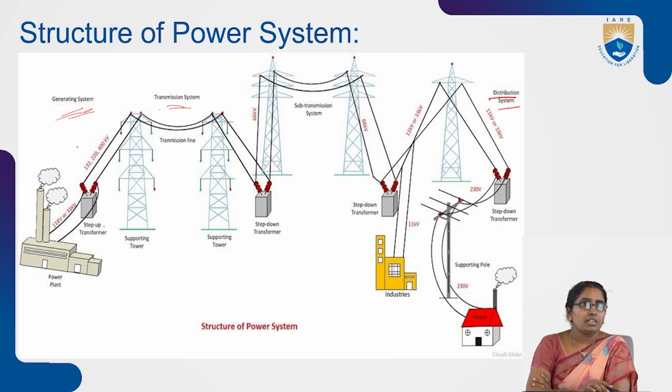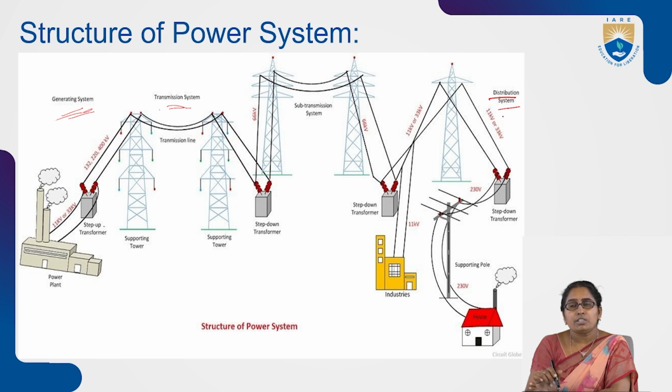That generated power is transmitted over overhead transmission lines over long distances; that is called the transmission system. From the transmission lines, the power is given to the substations, where it is distributed to various consumers, industrial or domestic.